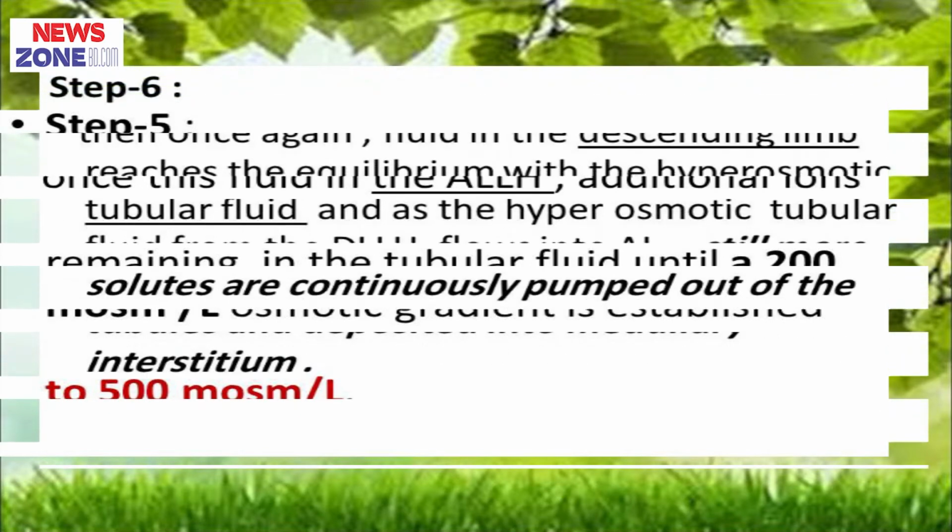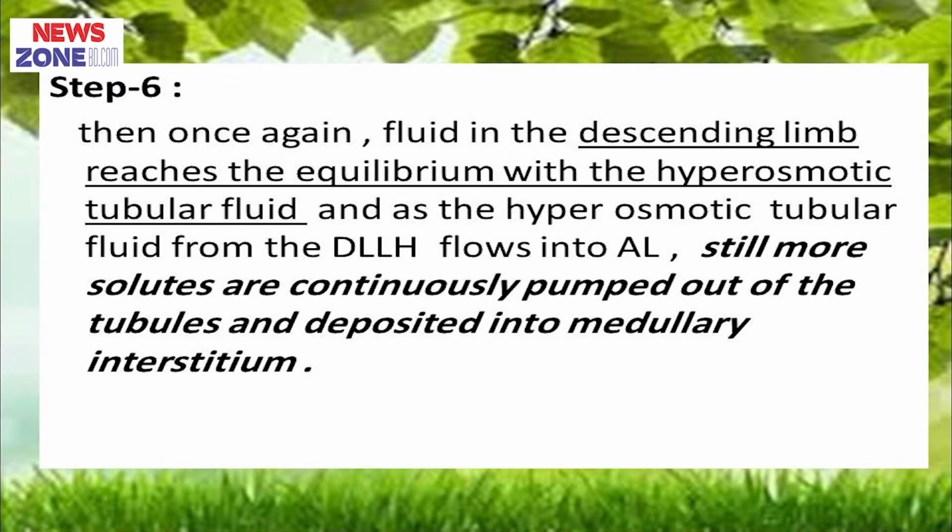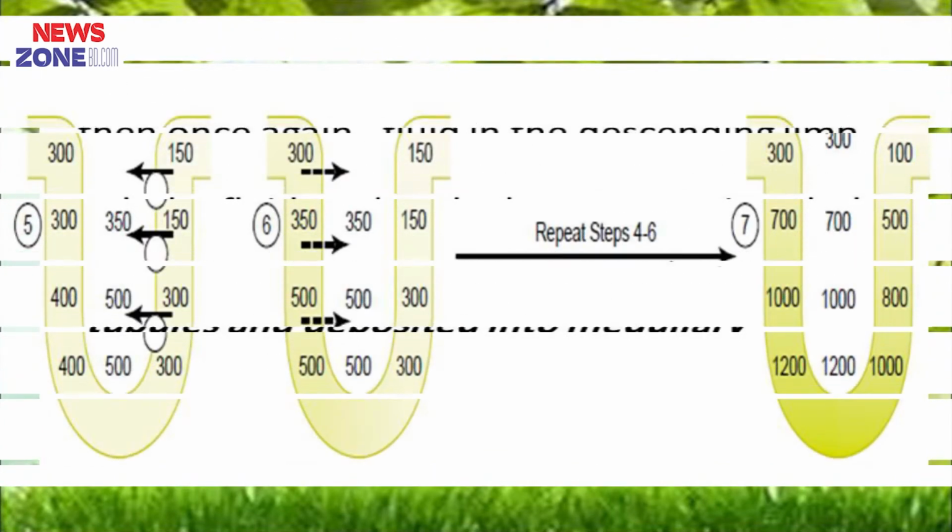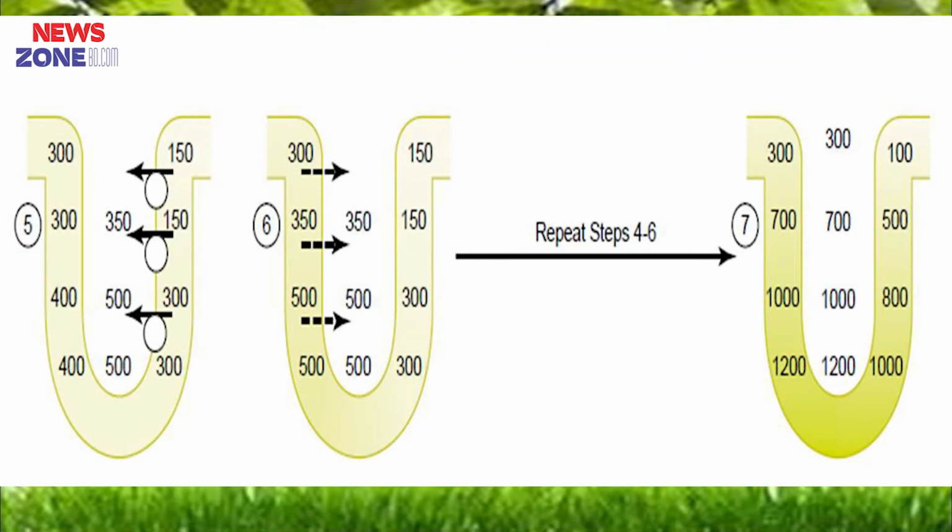When we see step number 6, you can see that new fluid containing 300 milliosmolarity is descending through the descending limb, but the interstitial osmolarity is already increased by the ascending limb, like 350, 500 and so on. So, water is continuously pumped out from the descending limb, as it is permeable to water, to make equilibrium inside and outside.